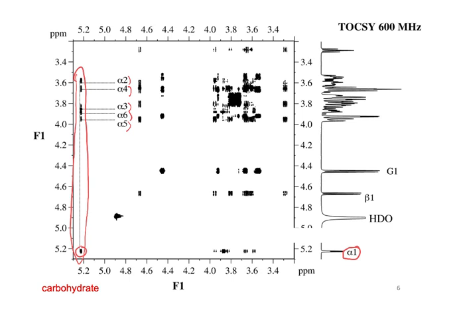Right, and we should have a similar thing here. So here's beta, this is beta 1. So this is for the alpha anomer that I did first. This is for the beta anomer.